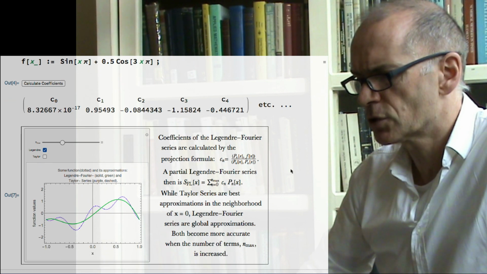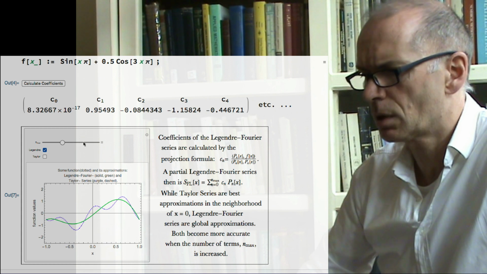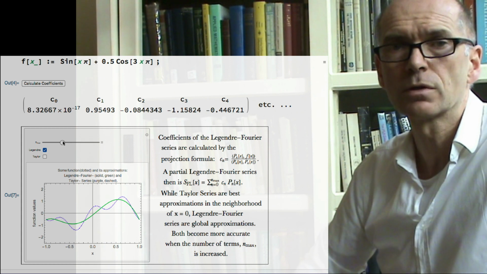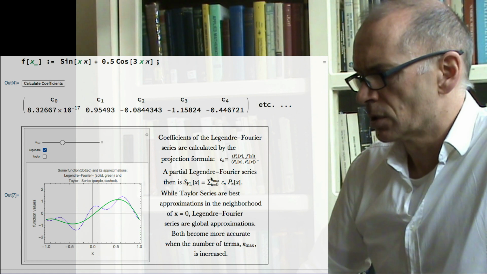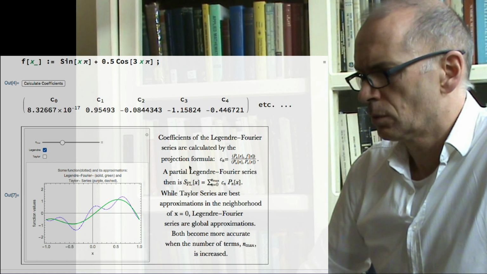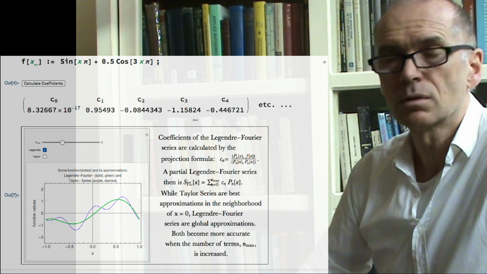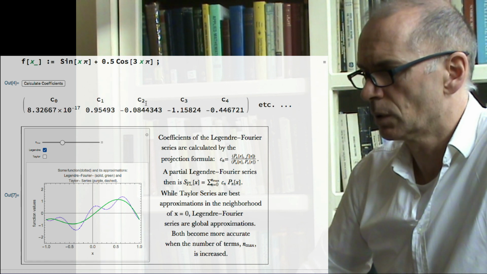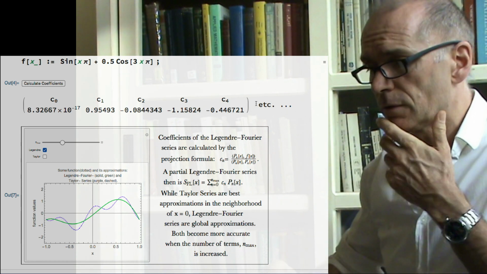So this green function over here is this sum, and there's a parameter n max here that I can change. It means the sum starts at 0, so P0 with this weight coefficient, and then P1 with that weight coefficient, and P2 with that weight coefficient, etc., as much as we like and need.